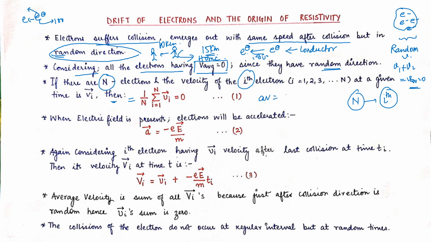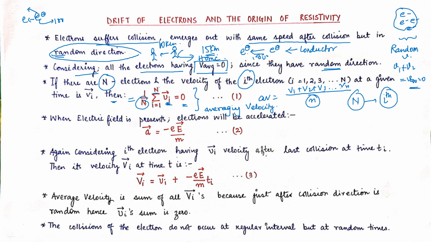Average is v1 plus v2 plus v3 up to vN divided by the number of velocities we are considering, N number of velocities. So N number of electrons we are considering over here. Sigma of all the velocities of all the electrons from i equals 1 to i equals capital N, which gives us 0. This is averaging the velocity.